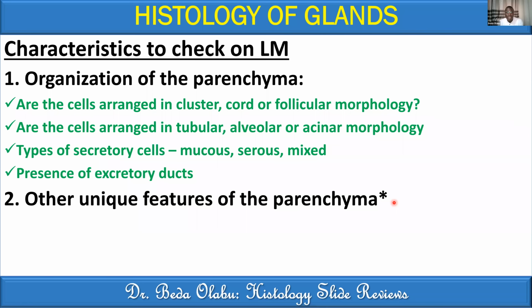So they become parameters that you also use to help you identify a particular gland. But we cannot use that parameter as a general standard for what you check when you want to distinguish exocrine glands. For example, if the parenchyma of that particular gland contains some particular secretions and they're usually stored in a particular form, you may be able to see that one on some glands. And we are going to see some examples.